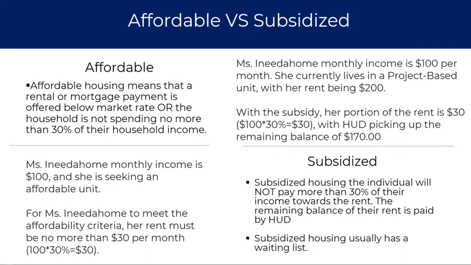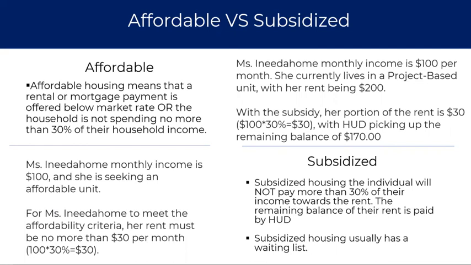We're going to use an example to understand what affordability is. So let's look at Miss I Need a Home. Miss I Need a Home's monthly income is $100, and she is seeking an affordable unit. For her to meet the affordability criteria based on HUD, her rent must be no more than $30 per month.